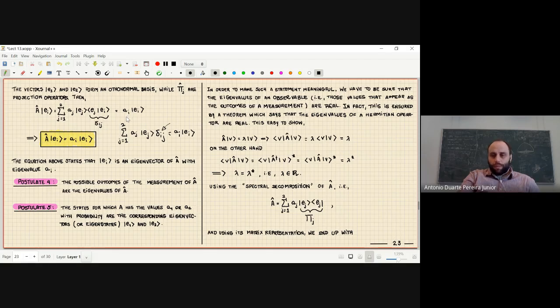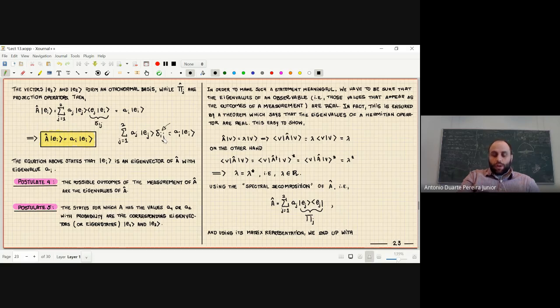Okay? So Mahmoud is asking, why did you kill the sum? Well, I'm summing over 1 and 2. So when j takes the same value as i, then I will have 1 for the delta. And otherwise, j will differ from i, and then this delta will be 0.